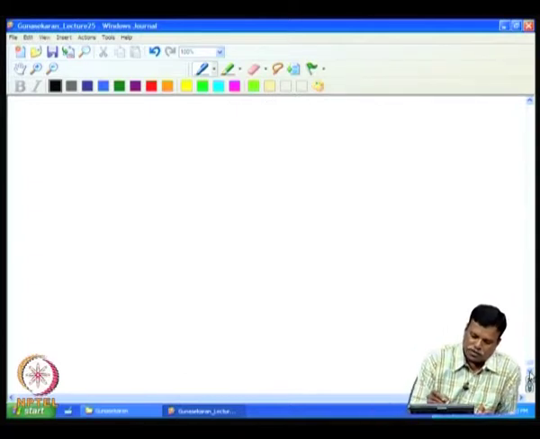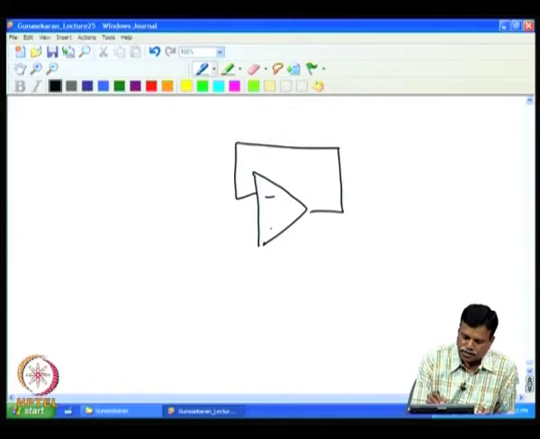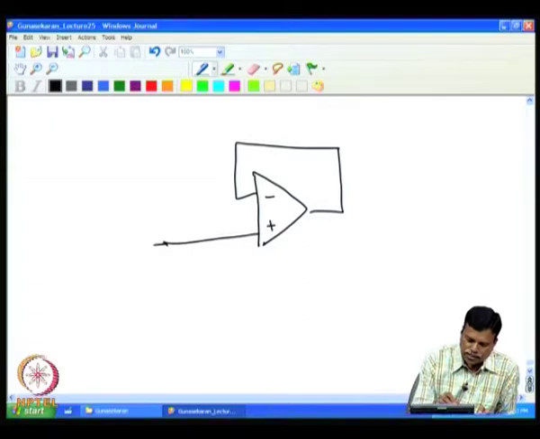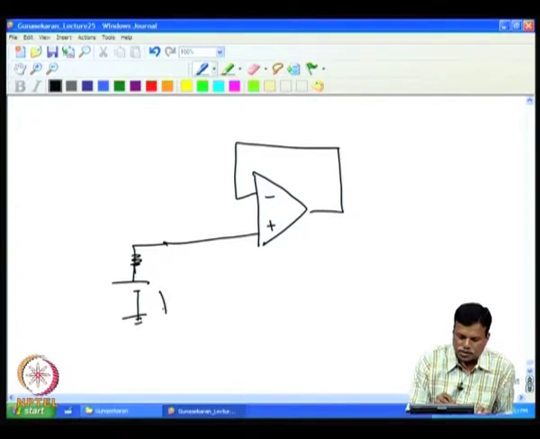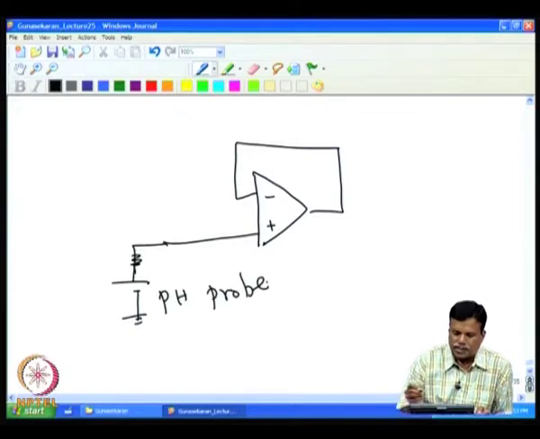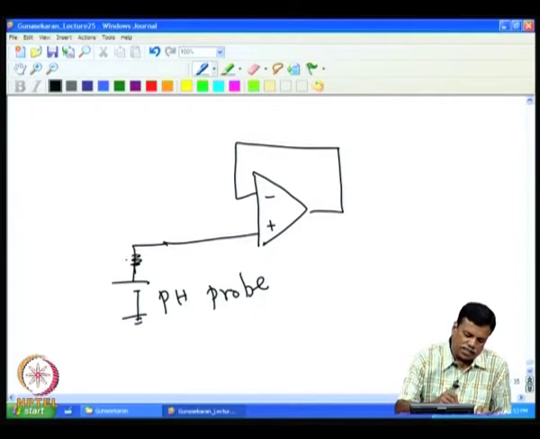So, we take the operational amplifier, use the voltage follower mode, and at the input I will connect the pH probe. We have taken this example of a pH probe because it has a very high internal resistance.